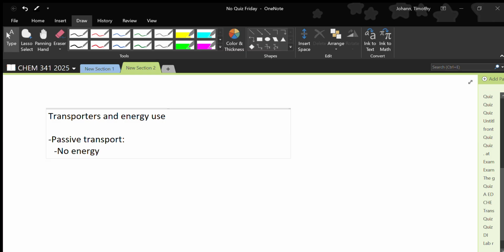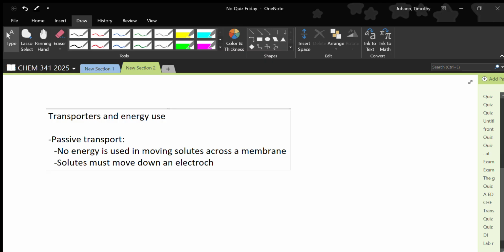No energy is used in moving solutes across the membrane, but also solutes must move down an electrochemical gradient, for any kind of bulk movement.